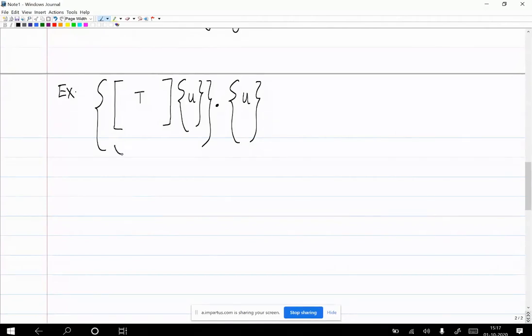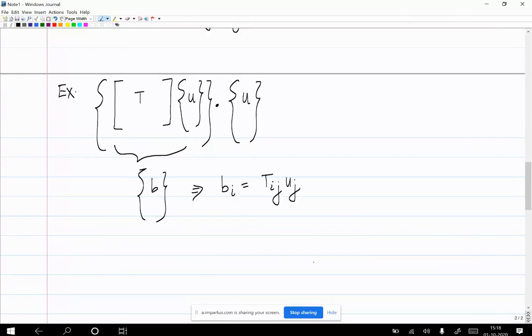Suppose that this is vector B. All right. Then in that case, what is B_i? The ith row of B should be equal to the ith row of T multiplied with U. So this is T_ij U_j, isn't it?